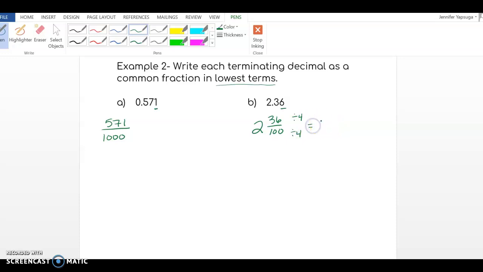So that would give me 2 and 9/25. And then because I'm asked to write it as a fraction, not as a mixed number, I'm going to want to put this as an improper fraction. So to do that, you're just going to simply multiply 2 times 25 and then add 9. So 2 times 25 is 50, plus 9 is 59, and that would be over 25. And that would be your final answer.